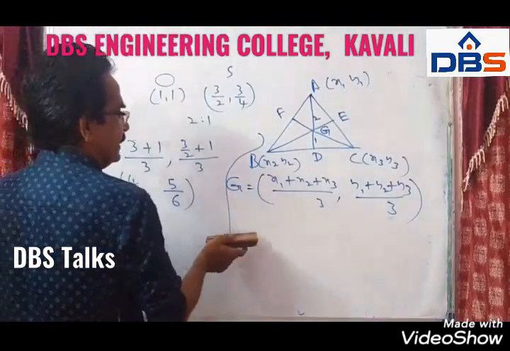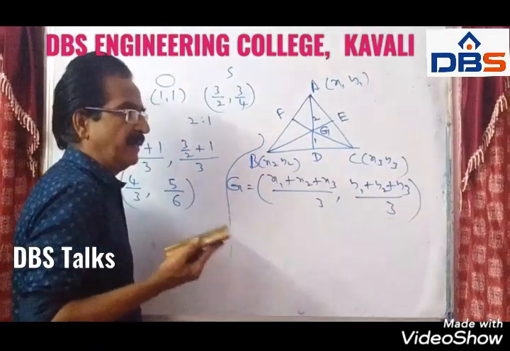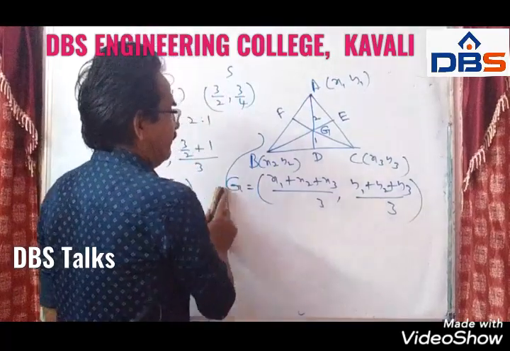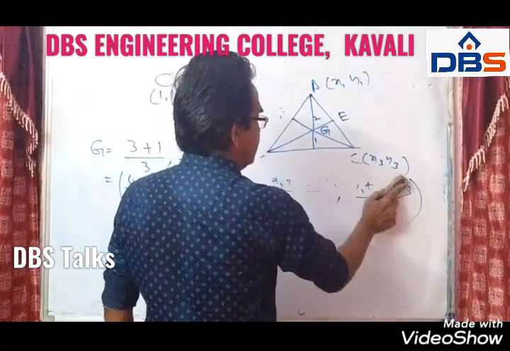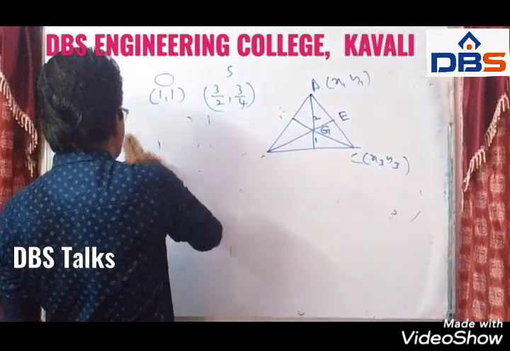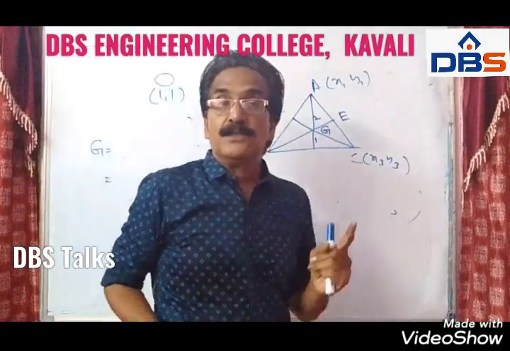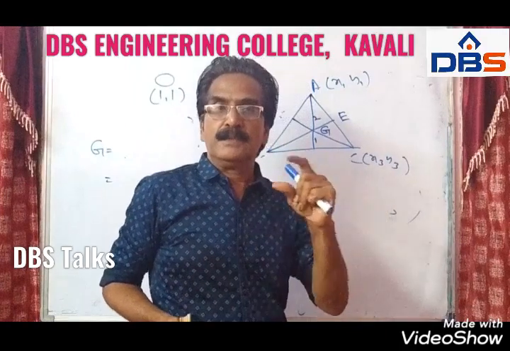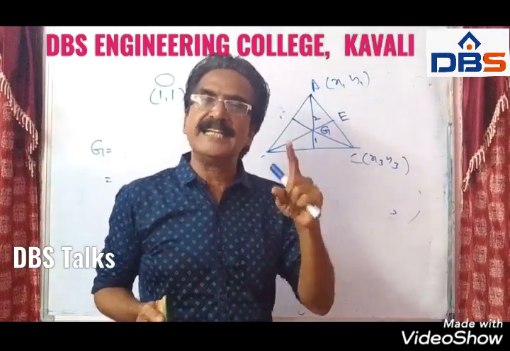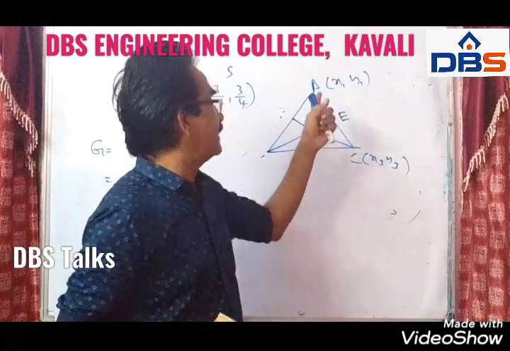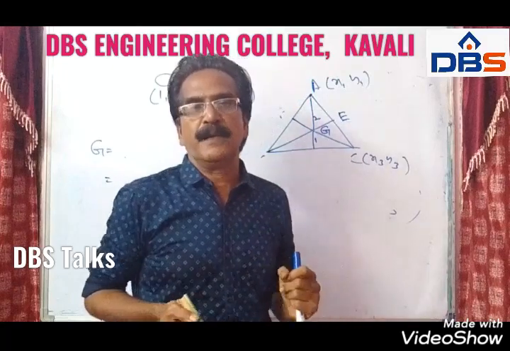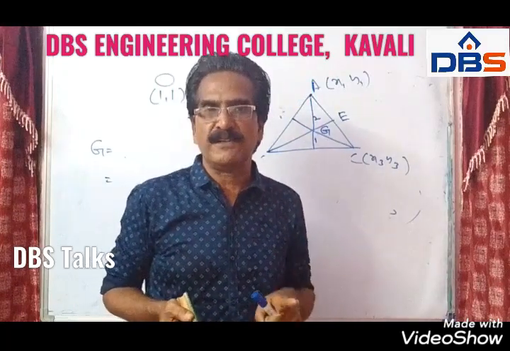And next, the other way of asking to find the centroid is that the equations of the sides of the triangle are given. Some 3 equations will be given. Those 3 equations are the sides of the triangle, that is AB, BC and CA, and you will be asked to find the centroid.